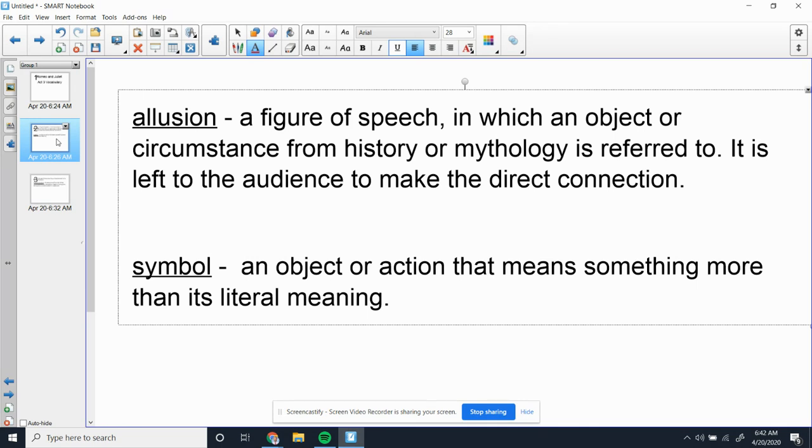An allusion is a figure of speech in which an object or circumstance from history or mythology is referred to. It's left to the audience to make the direct connection.